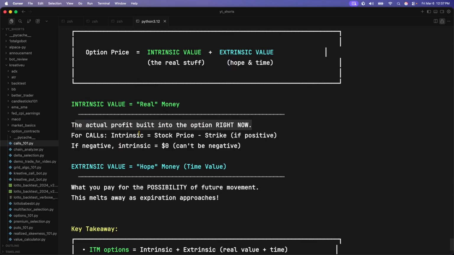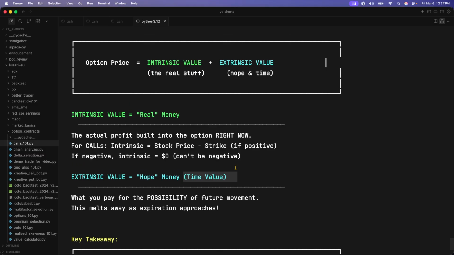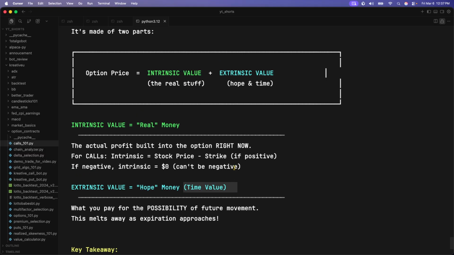For calls, intrinsic equals, you may see this again, the stock price minus the strike price if positive. If negative, intrinsic is 0. It can't be negative. So extrinsic is hope, money. This is our time value, right? So what is an option price made up of? It's made up of 2 things.